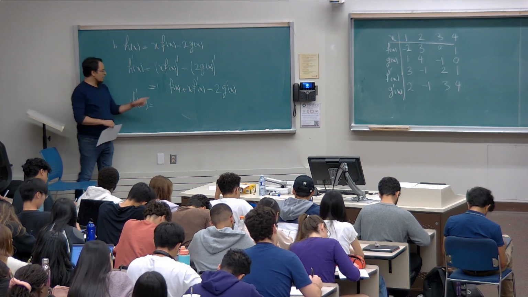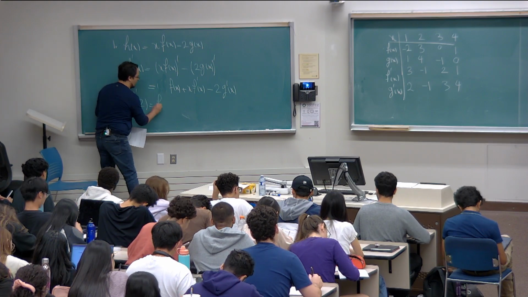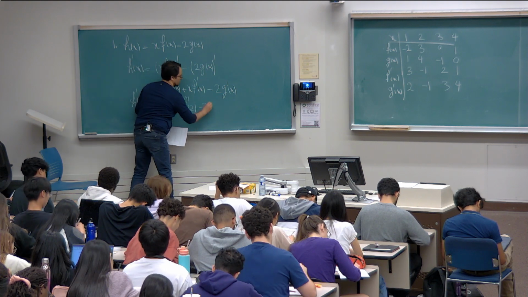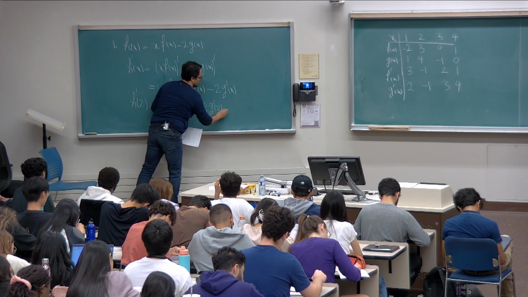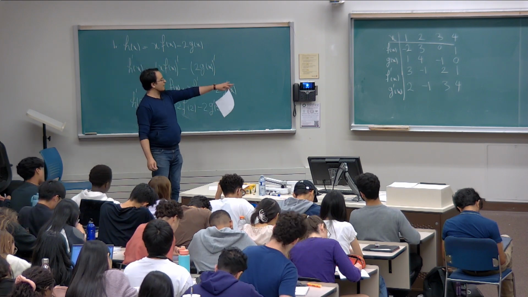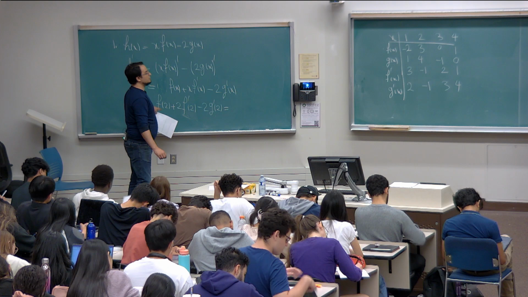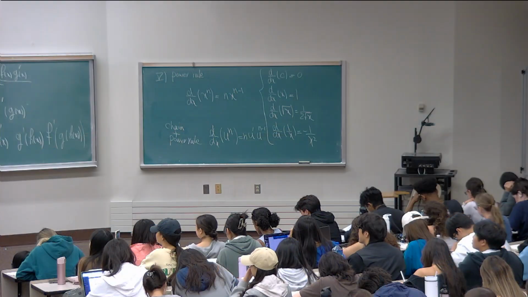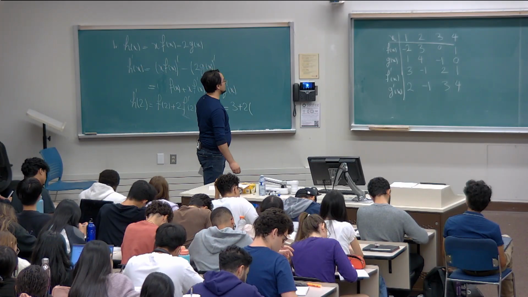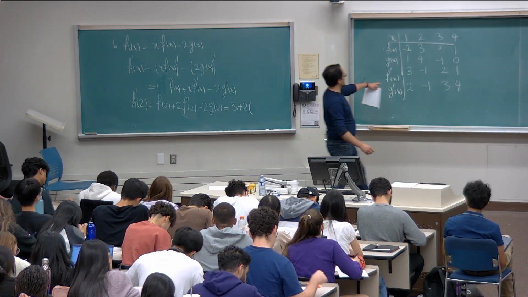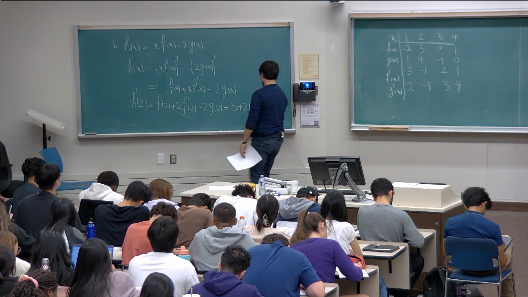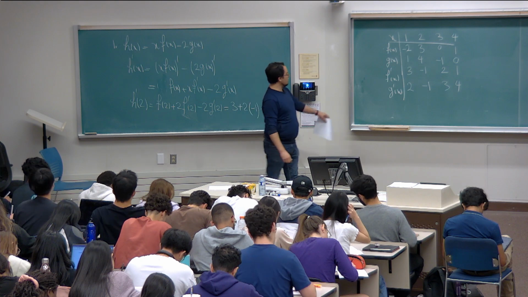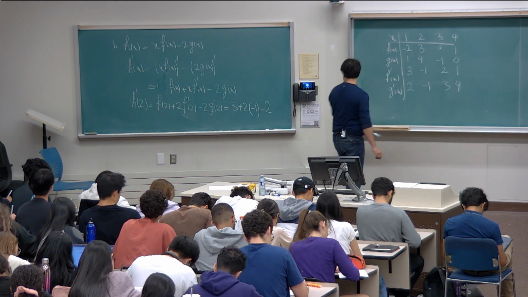So now h prime at 2 is f at 2 plus 2 times f prime at 2 minus 2 times g prime at 2. And then we use the values from the table. f at 2 is 3, plus 2 times f prime at 2. f prime at 2 is negative 1, minus 2 times g prime at 2, which is negative 1.